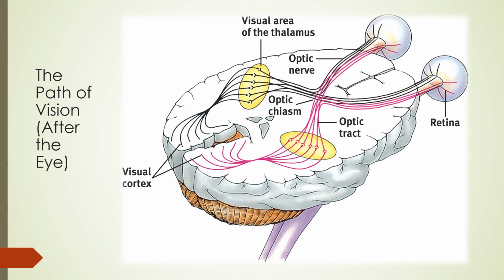So left visual field information hits the right side of both our left and right eyes. Right visual field information, because it does not curve or do anything weird once it hits the eyes, goes directly to the left side of both our left and right eyes.